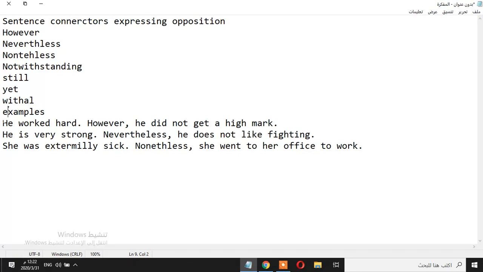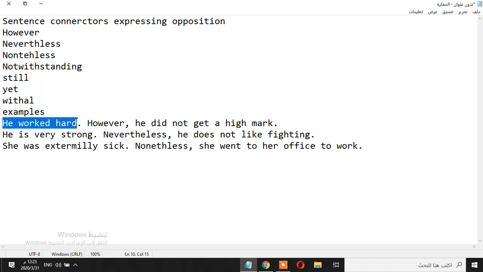Examples: don't lose sight of what I have said. Concentrate. Sentence connectors: after the conjunction there is a sentence, and before it there is a sentence. Simple sentence, simple sentence. These join two simple sentences to each other, but without making them compound.